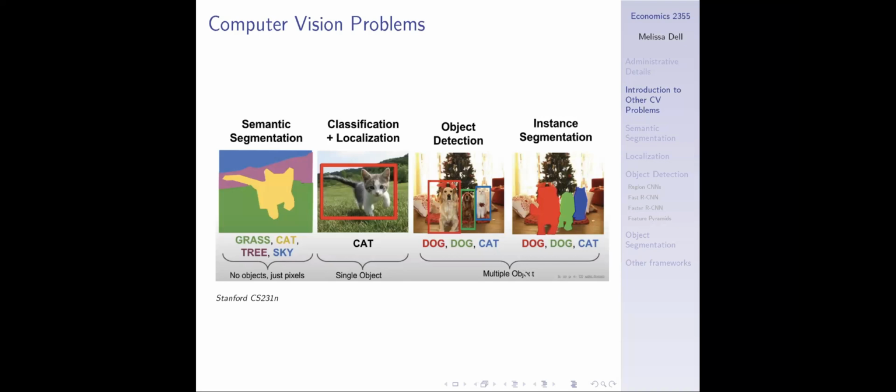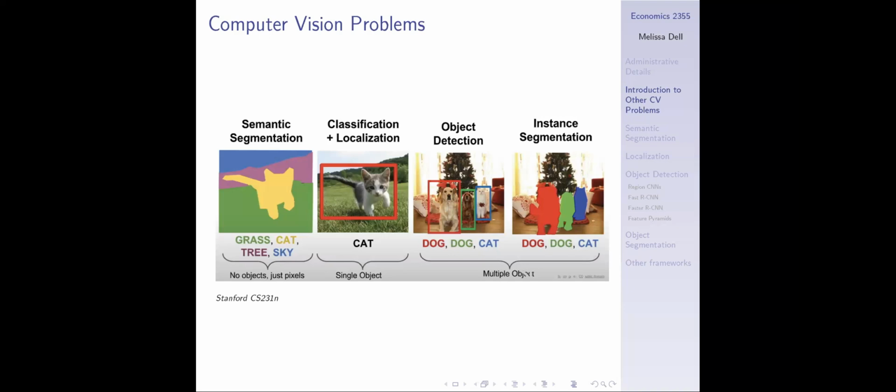And then finally, there's instance segmentation, which is kind of like semantic segmentation, except each object is a separate category. So again, you're recognizing the pixels, but each dog is a separate dog. It's also similar to object detection, except instead of drawing a box around the dog, you're identifying exactly what pixels are a dog.